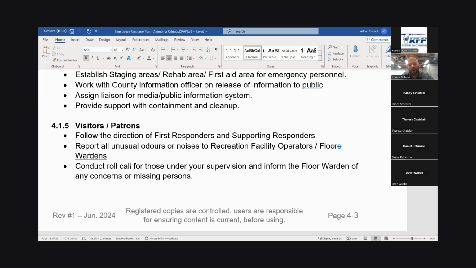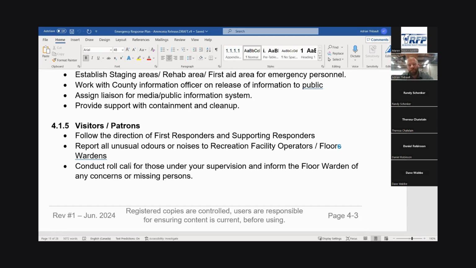But we don't sign them in coming into the building, and we don't sign in the people watching them coming into the building, so we can't keep track and account for them. All we can do is a sweep of the building, if we're evacuating and if we're sheltering in place, and getting people to where they need to be. And from there, you're just hoping that everyone has been accounted for.